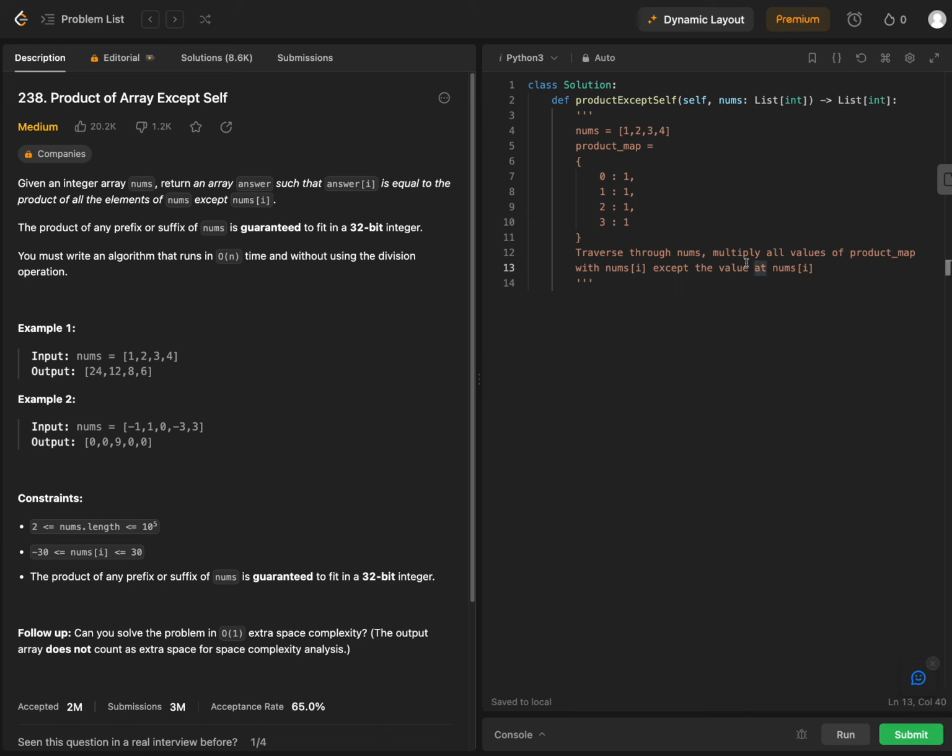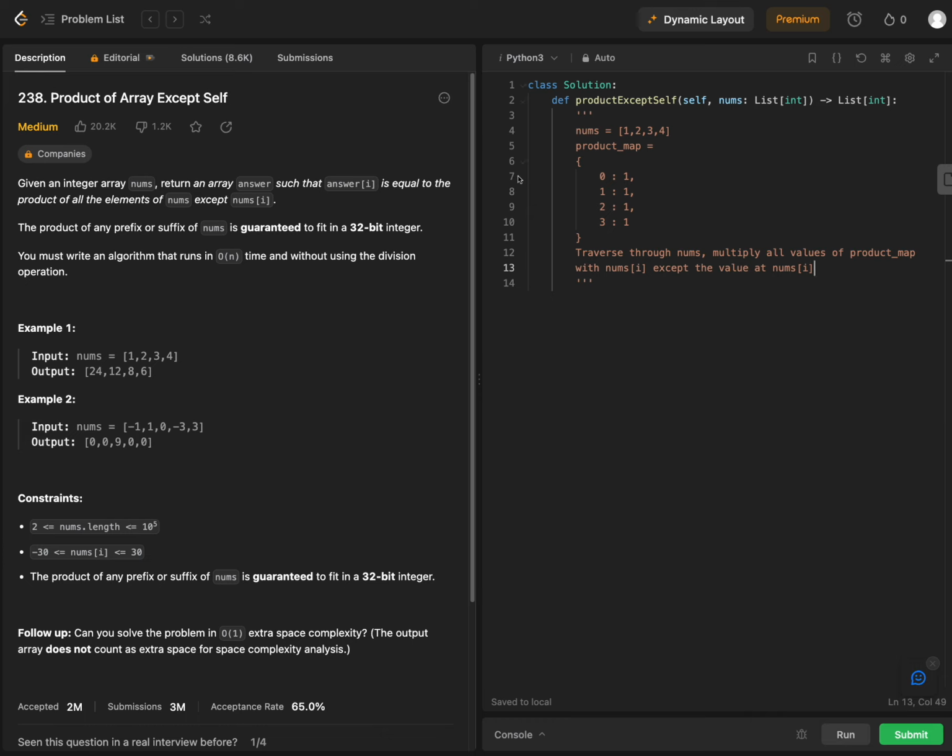Traverse through nums, multiply all product values of nums with nums[i] except nums[i].